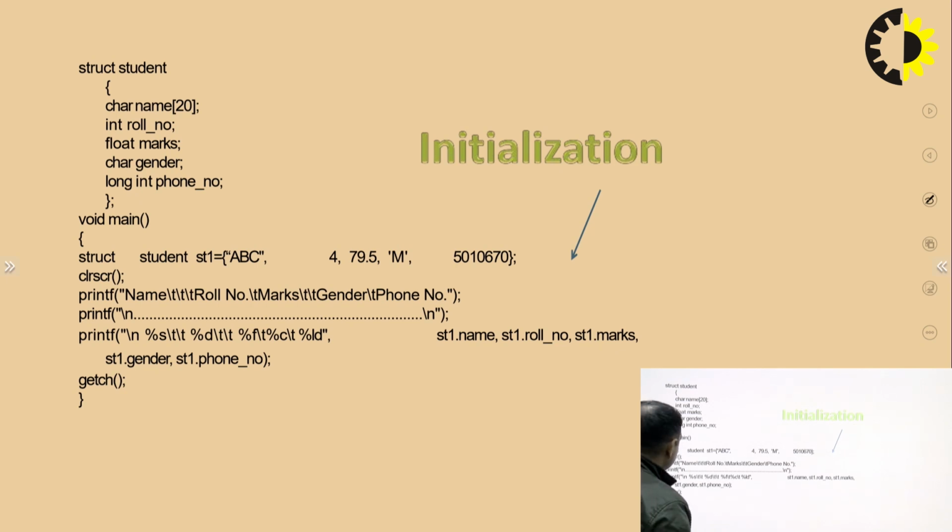You can display each piece of information, or each field of st1, using this statement. How can you display the particular fields or members on the monitor? Using the dot operator: st1 dot name, st1 dot roll number, st1 dot marks, st1 dot gender, and st1 dot phone number.